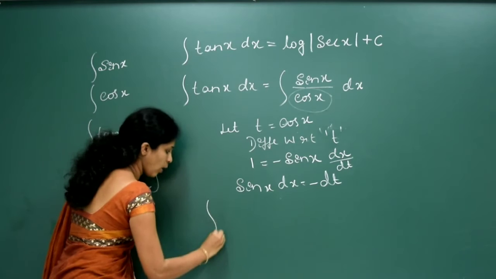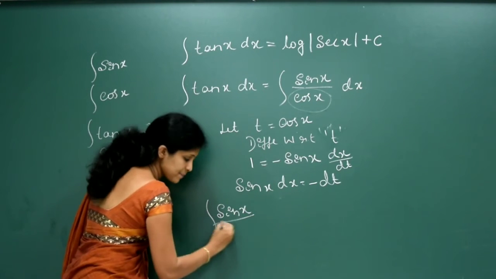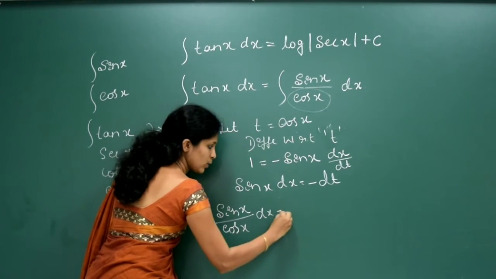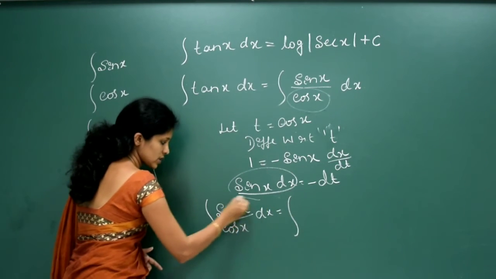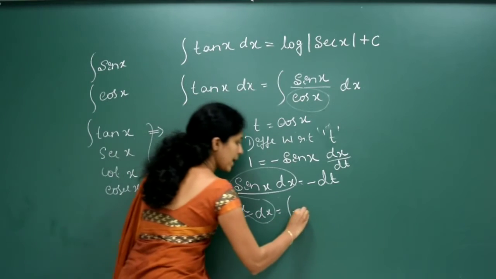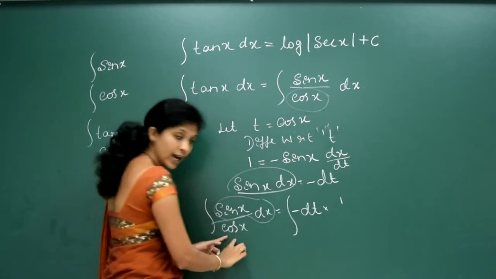So the integral of sin x by cos x into dx will be equal to the integral of sin x into dx, which is minus dt, into 1 divided by cos x.